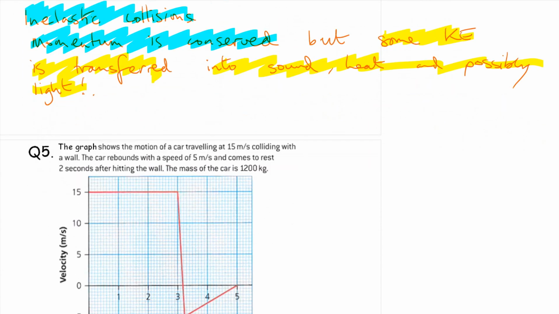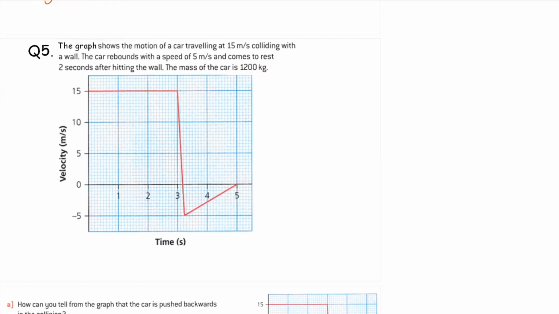Now, we're going to move on. You will need a calculator today. The graph shows the motion of a car travelling at 15 meters a second. It is quite happy in this section here. Unfortunately, that car then hits a wall, and so it slows down, temporarily stopping and then rebounding off the wall in the opposite direction.